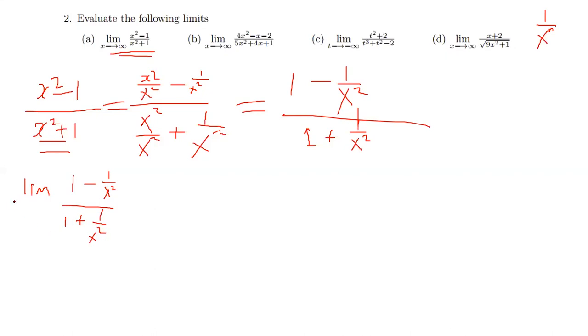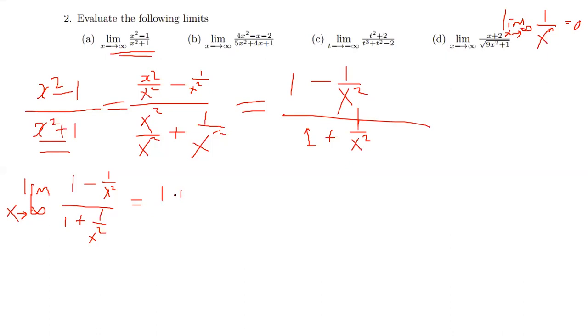So when x is approaching infinity, the limit of 1 is simply 1. The limit of 1 over x squared when x is approaching infinity, remember what we said, is always equal to 0. So the limit of this when x is approaching infinity is nothing but 0.